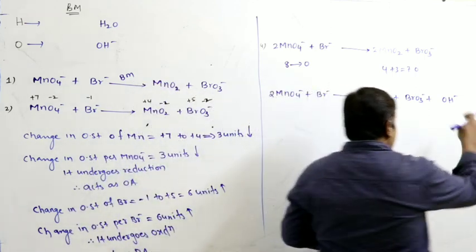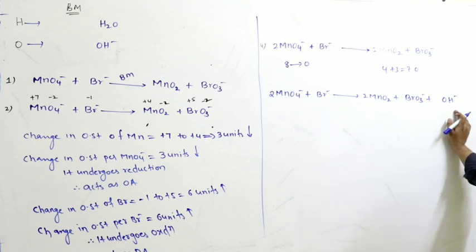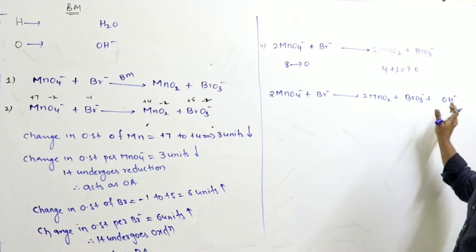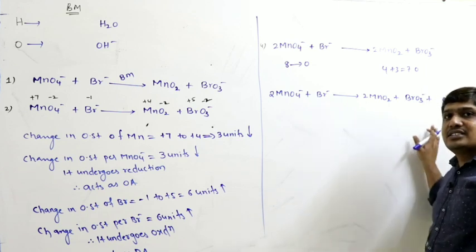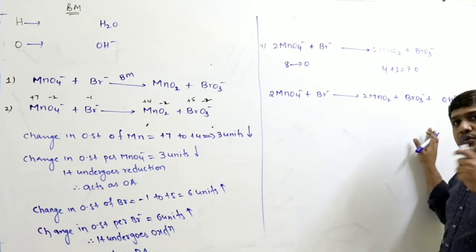Addition of each OH will increase 1 hydrogen. So if I add water here, again 1 oxygen will be increased. So again I have to add OH.